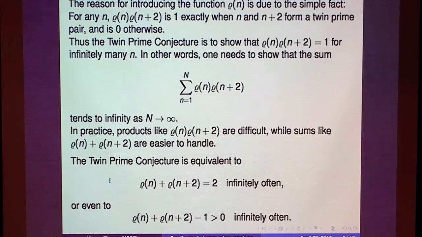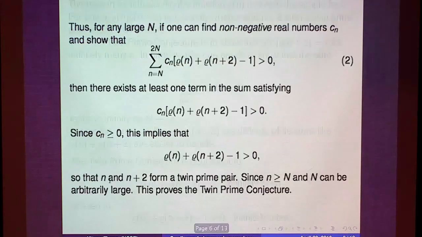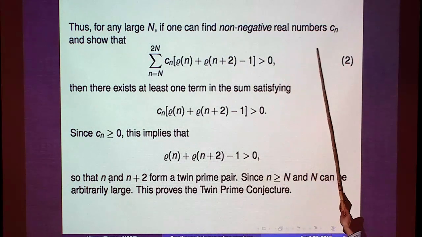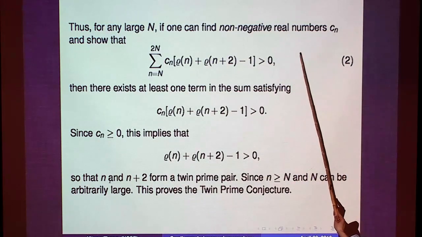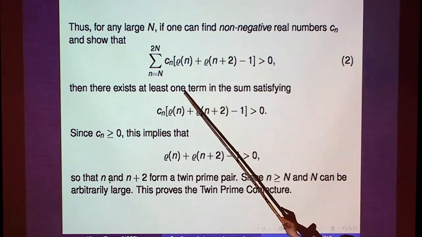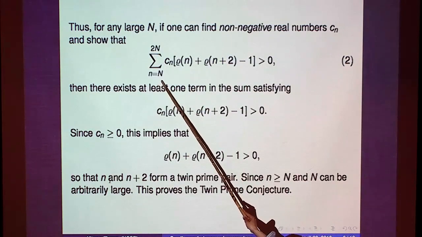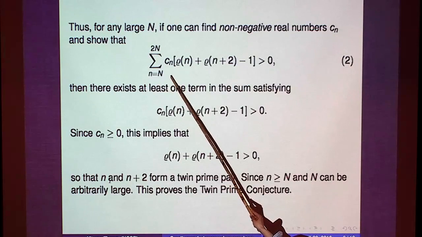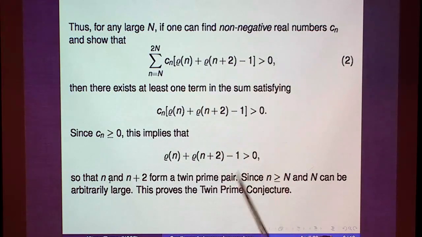Now the next. We come to the mathematics, the experiments of mathematics, not physics, not chemistry. We are looking for some non-negative, just usual numbers, even not integers, could be 1/2 or something, C sub n, such that for any large capital N, the summation over n from capital N to 2 capital N is positive.